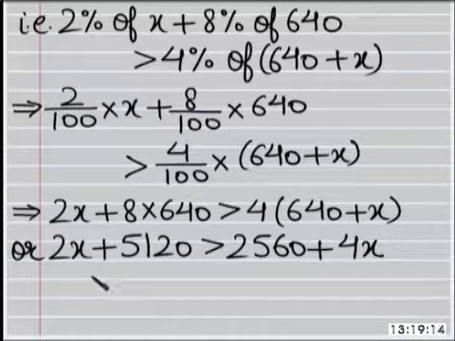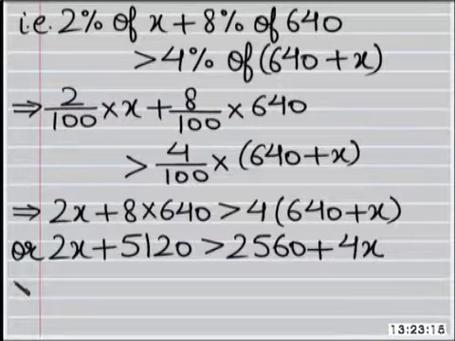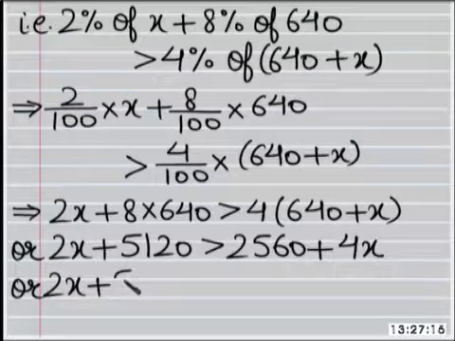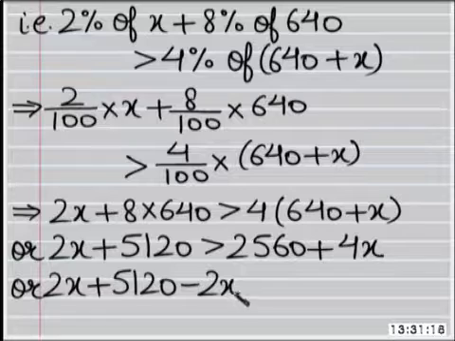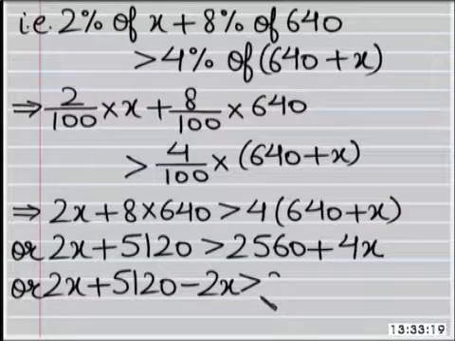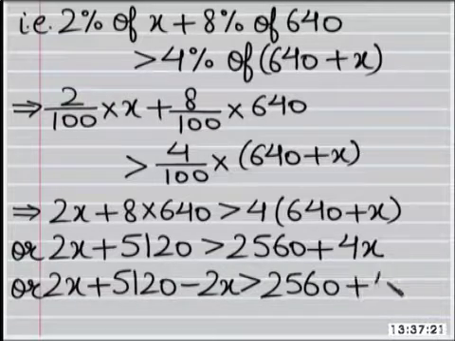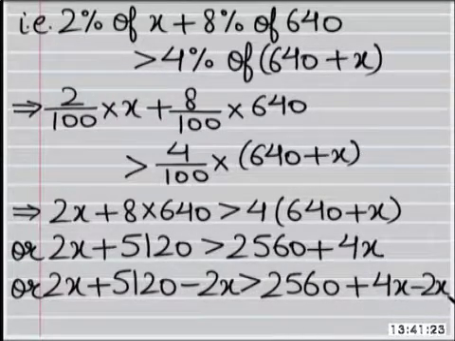Now, subtracting 2 into x from both sides, we get 2 into x plus 5120 minus 2 into x is greater than 2560 plus 4 into x minus 2 into x.